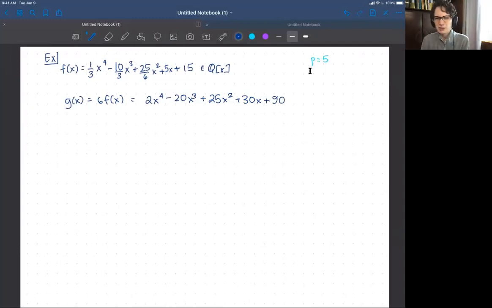That feels right. Let's say it's 90. And my claim is that g of x is irreducible if and only if f of x is.